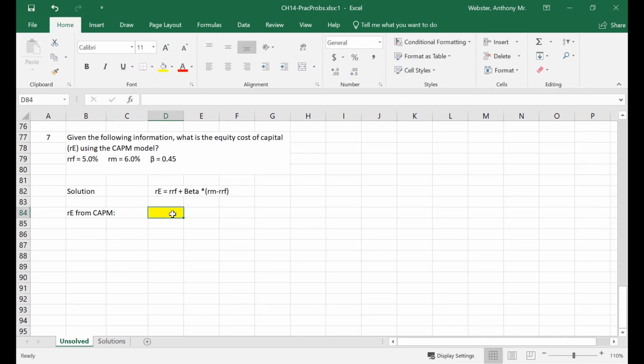And we have all the information that we need here. So that's going to be 5% plus 0.45 times RM of 6% minus 5% RRF. And we get 0.0545, otherwise known as 5.5%, and that's it.